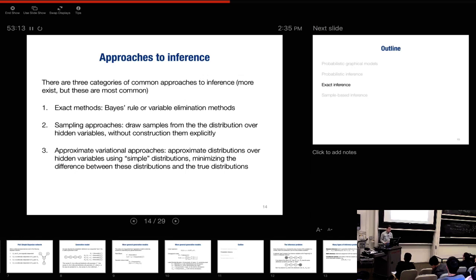All right, before I dive too much into any single thing, I just wanted to emphasize that there are three main approaches to these inference problems. The first one is exact approaches. Can I actually formulate exactly what my distribution is? If it's small enough, can I just enumerate every single possibility?